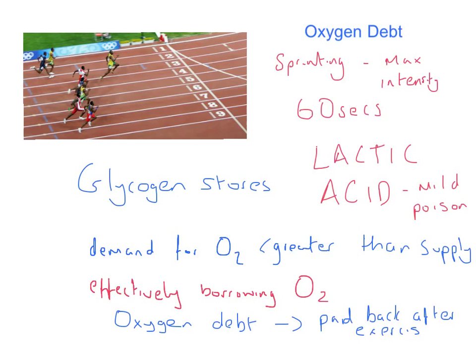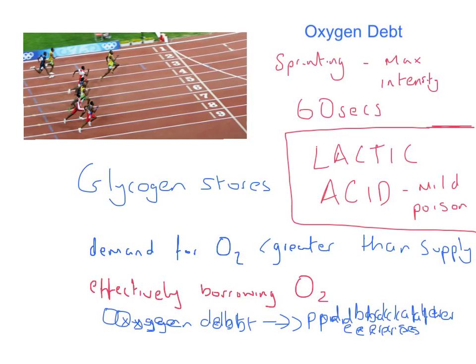That's very important. Now, I'm sure you've all experienced lactic acid. It makes muscles hurt. Okay, and we'll look at that a little bit later on in a bit more detail. But it is one of the main reasons why we have to perform a warm down or a cool down after doing physical activity, and that's to flush out or repay this oxygen debt and flush out that lactic acid.